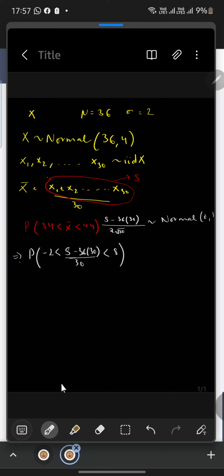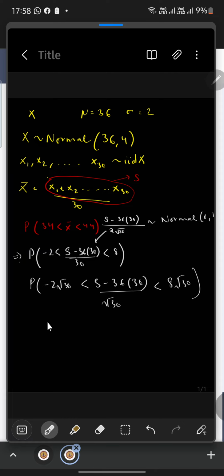From this we can conclude that now we need to convert this equation. I hope you can see my mouse. So this into this, we will multiply it by root 30. So probability, minus 2 root 30, s minus 36 into 30 by root 30, 8 root 30, right?